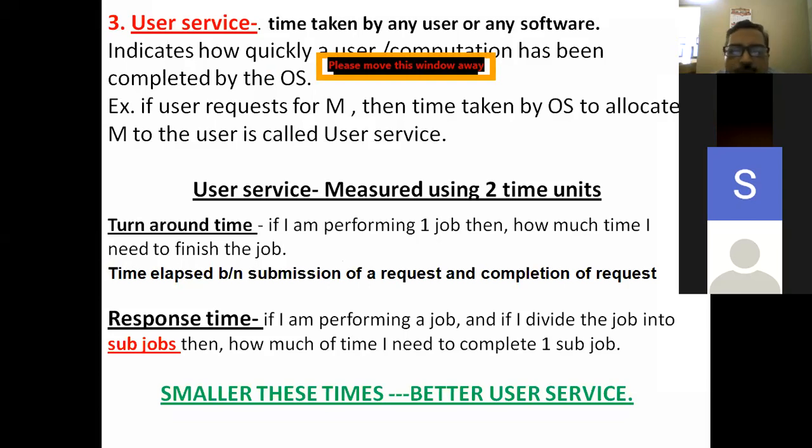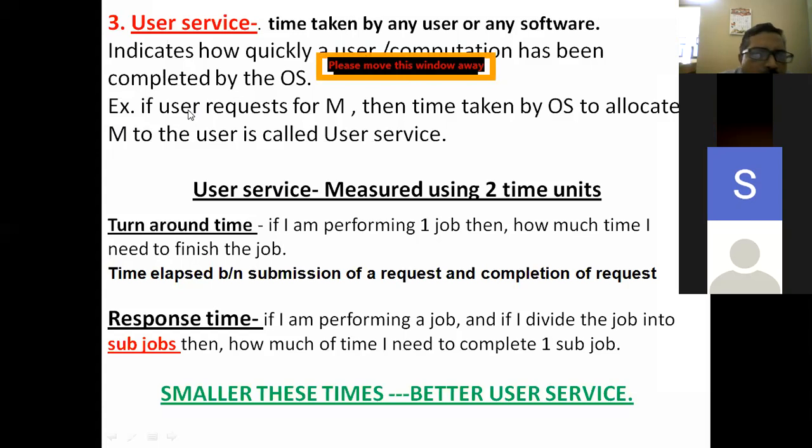Upon giving a request, say by the user or any software, how will our OS be able to complete the request? That fastness, or the speed with which our OS completes the computation, can be measured with respect to user service.